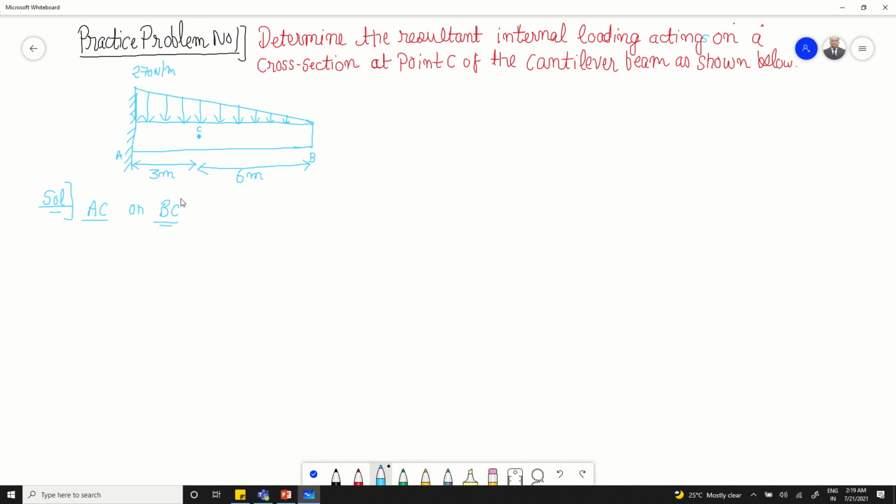Let us consider here, for our convenience, section BC. At section BC, it will look somewhat like this. So let me draw section BC here.